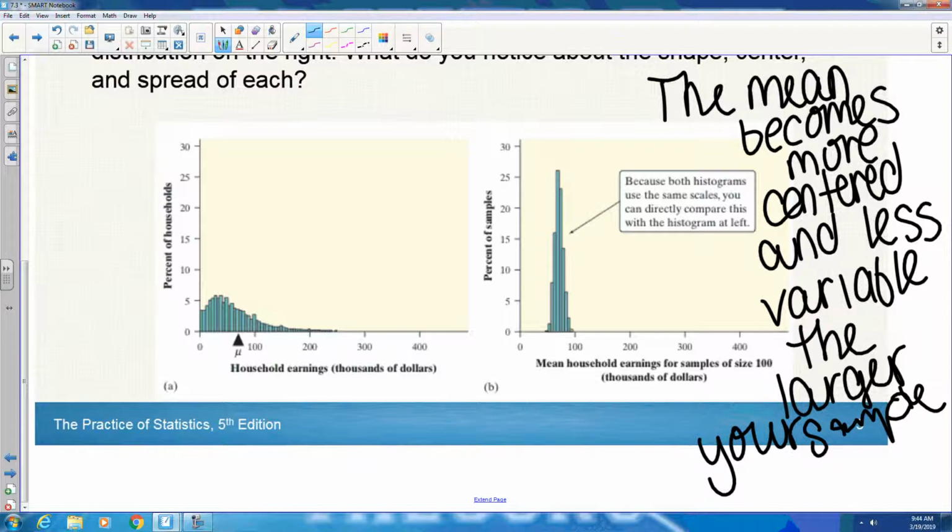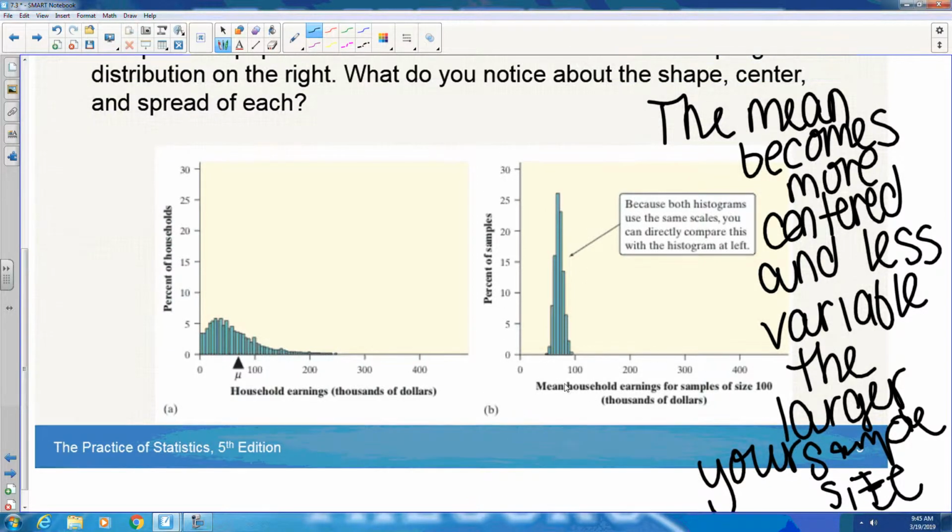Sample size. Okay, so that's the difference, is that we can see the mean is more in the center of the tallest area instead of skewed over towards the right, and then it's a lot more condensed.